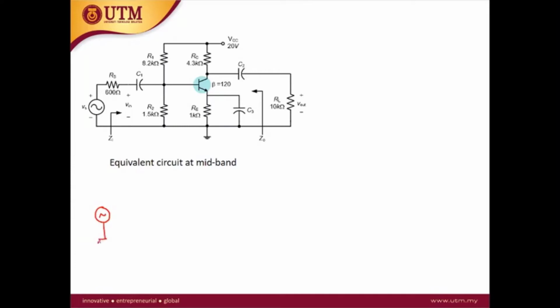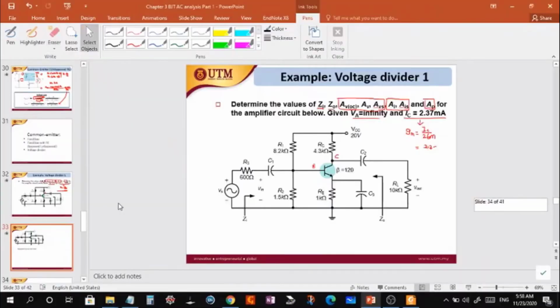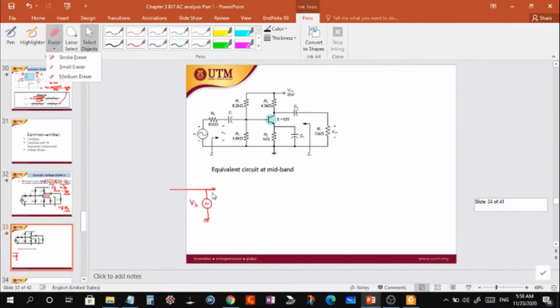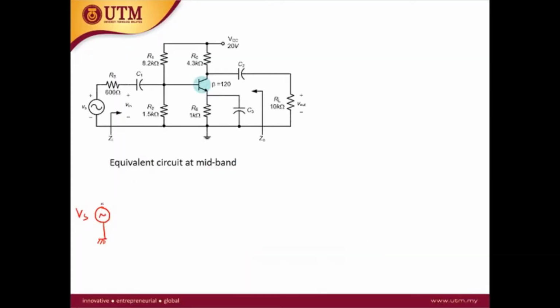So this is VS. After VS, there is RS here. And then after RS, we have capacitor C1, which is a short circuit because of AC analysis.